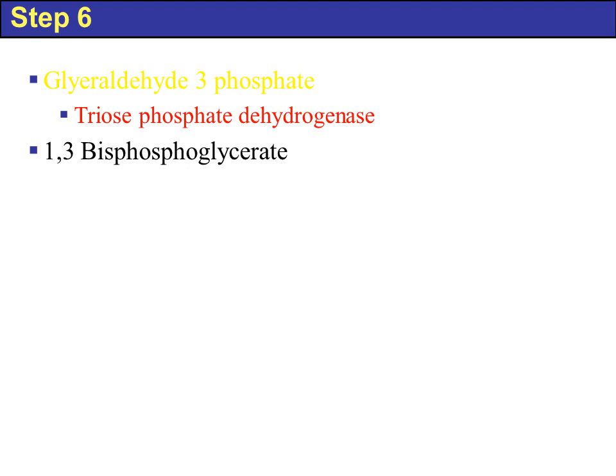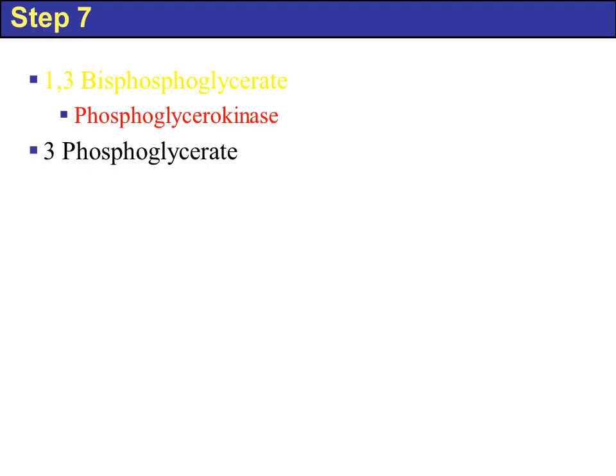Step 6, glyceraldehyde 3-phosphate is converted into 1,3-bisphosphoglycerate. Step 7, 1,3-bisphosphoglycerate is converted into 3-phosphoglycerate.